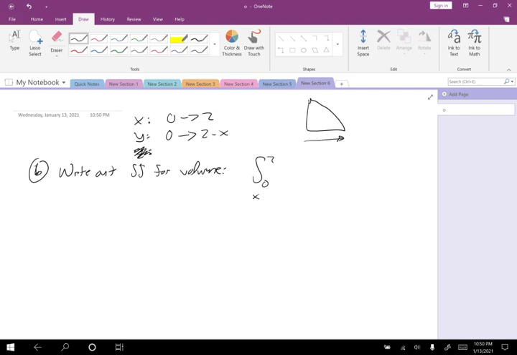Remember, I put x on the outside and y on the inside. So that's exactly how the integral should be too. So 0 to 2 minus x. And then we had z of xy minus 0. And then we have our dy dx. So I would say this was the most complicated part.